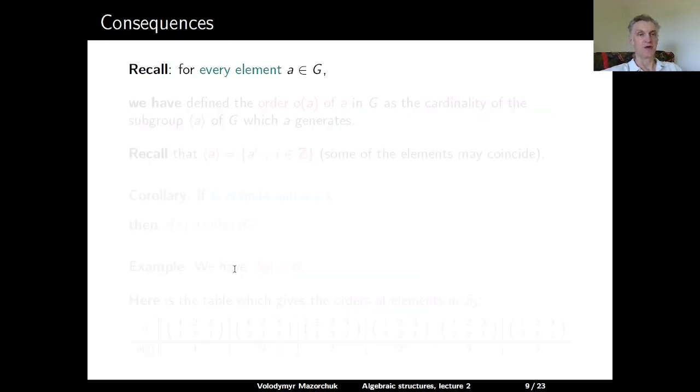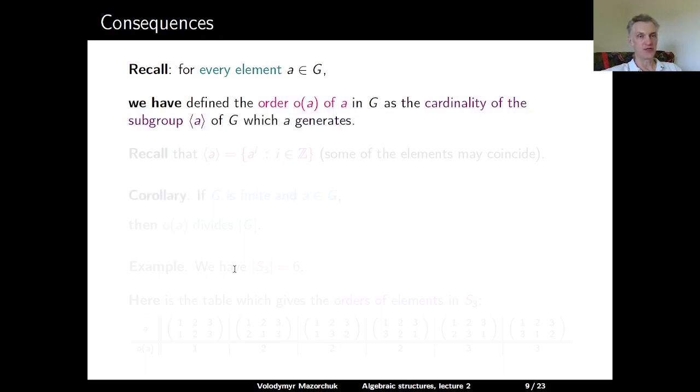Consequences. Recall that last time, for every element A in our group G, we have defined the order of A, we denote it by O of A, in G as the cardinality of the subgroup which A generates in G. So this subgroup consists of all powers of this element A, so we take the identity, then A squared, A cubed, and so on, and also A inverse, A to the power minus 2, and so on.